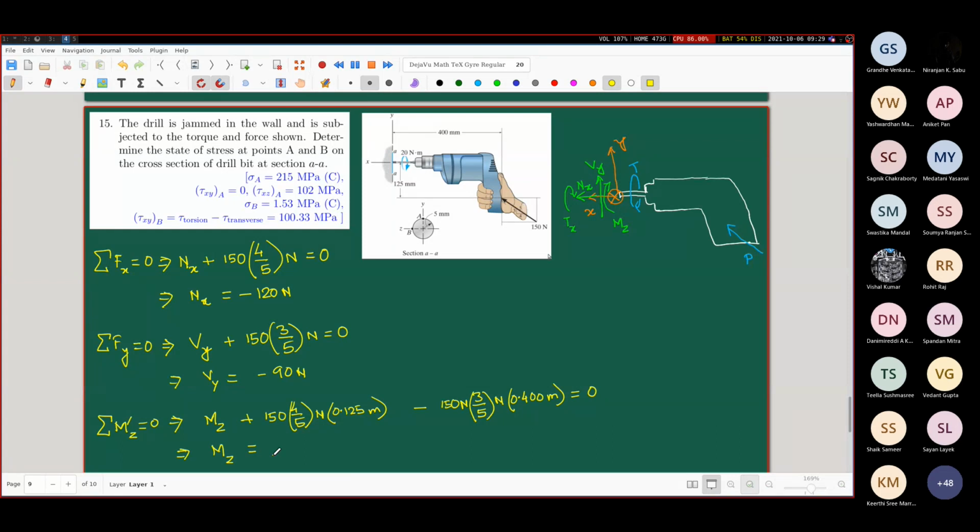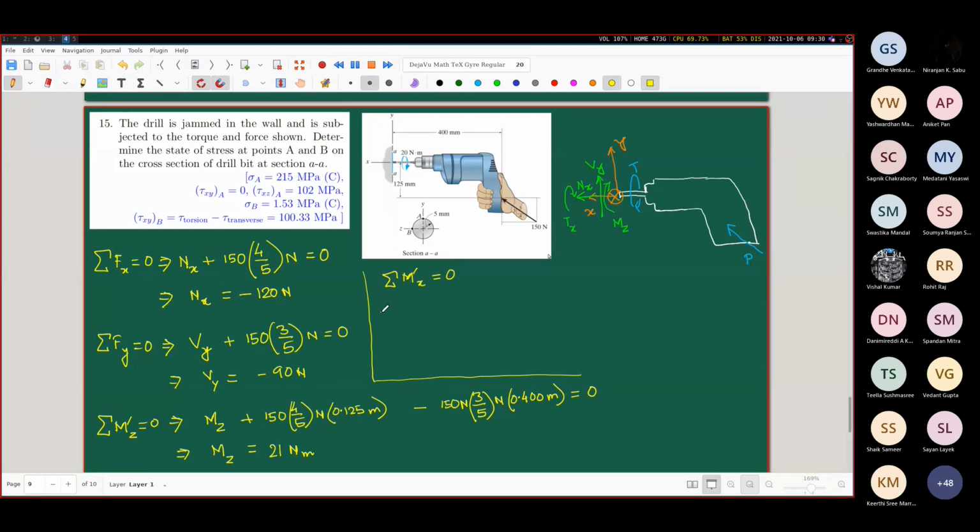So it will be 21. Perfectly, 21 Newton meter. All right. So we have found out all these things. What are we missing till now? We have not written this thing, but let's do this. Sigma M dash x equal to 0.